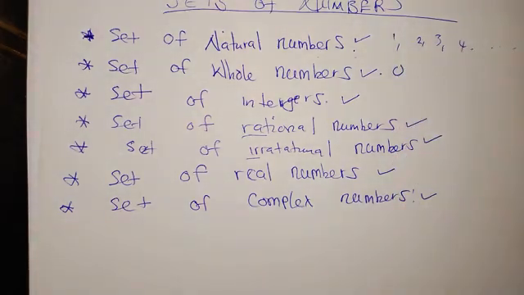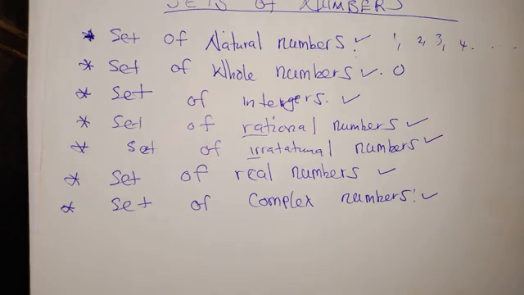A set of whole numbers consists of natural numbers, but we're just adding a certain element which is a 0. So natural numbers plus 0 make up whole numbers.